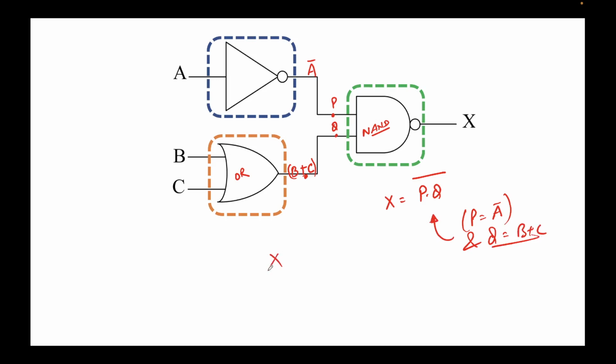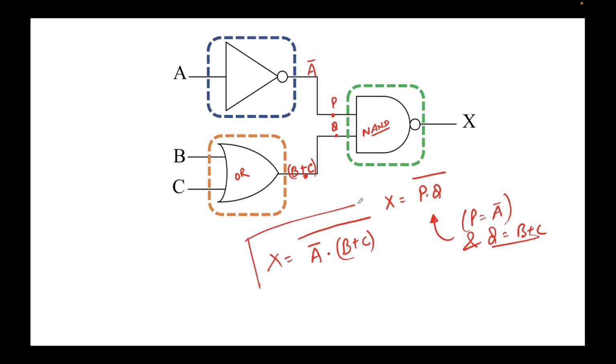Then X would become P, which is A bar, times Q, where the dot denotes a multiply, and Q is B plus C. And then finally we have this whole bar. So this is what it comes out to.